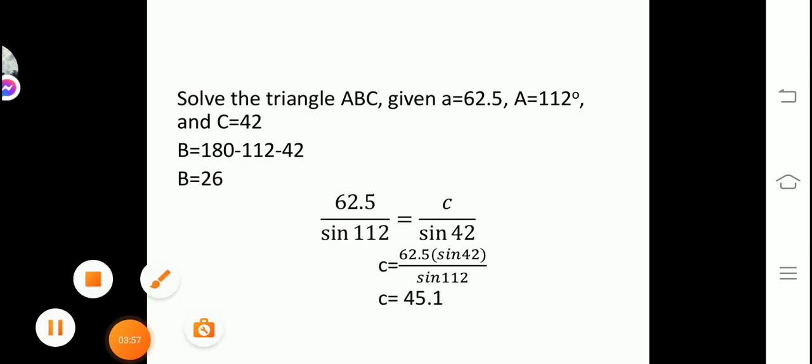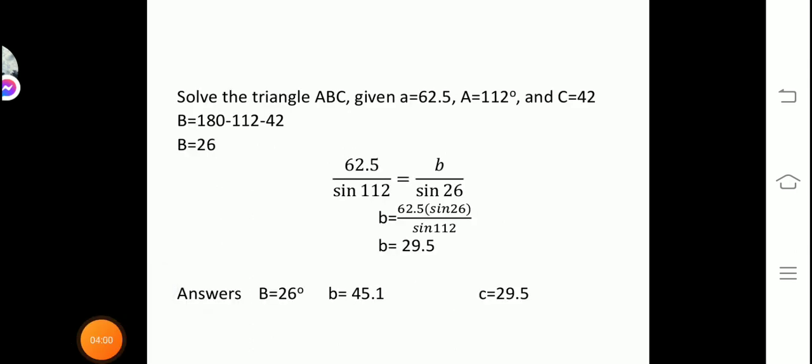So the answer is c equals 45.1. Solve the triangle ABC given a equals 62.5, A equals 112 degrees and C equals 42. So B equals 180 minus 112 minus 42. So B equals 26.